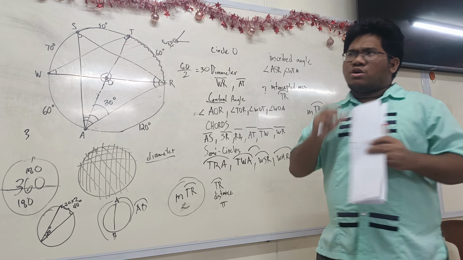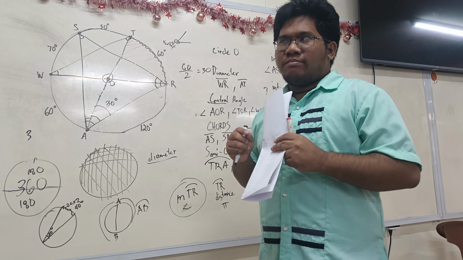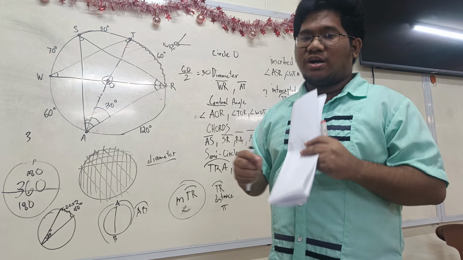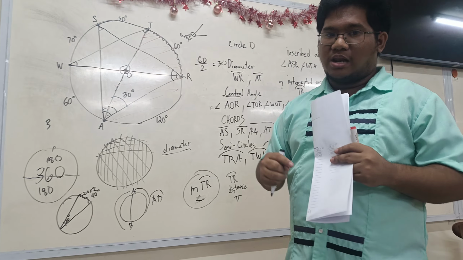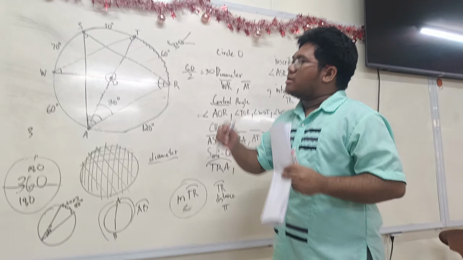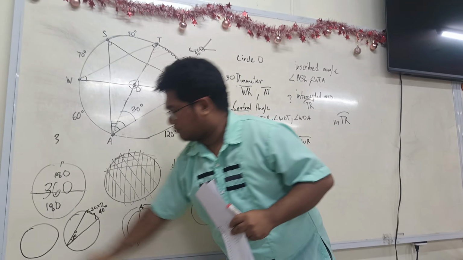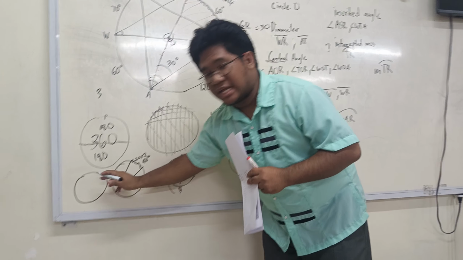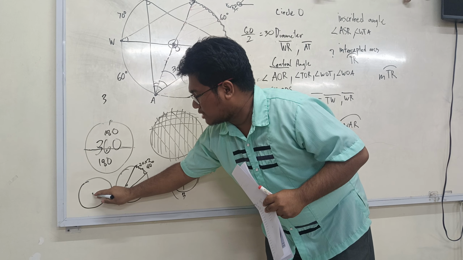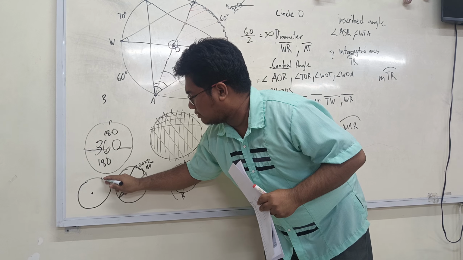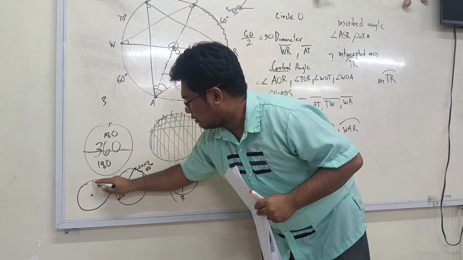Okay? Now, sir, what if meron naman po tayong intercepted arc and meron po tayong central angle? Okay? Now, kapag central angle naman, let's have this example. Okay? So kapag central angle, meron tayong center, meron tayong angle. Let's say, ito.